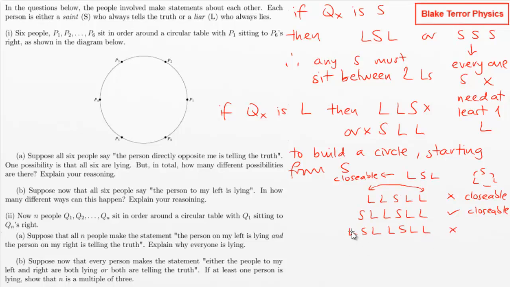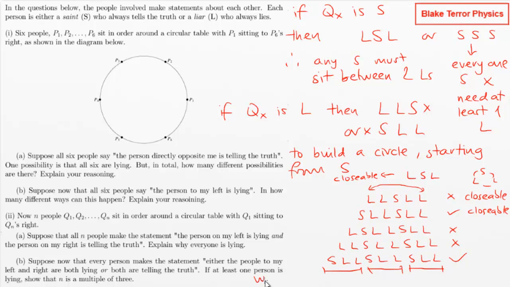And then that would have to be an L, L, S, L, L, S, L, L. That's not closable because again we'd have 4 L's in a row that time, and then we put an S on at that end because they'd have to be. So you get SLL, SLL, and then that is closable again. So we're building it up in blocks of SLL on all of these, aren't we? You have to build them in that way. We're just adding blocks of SLL.